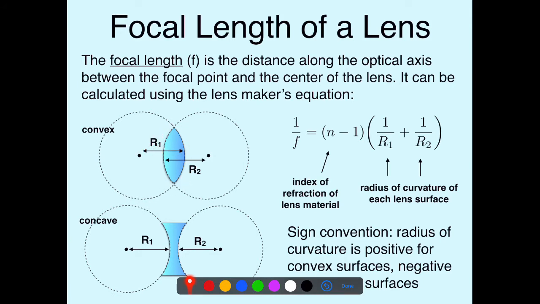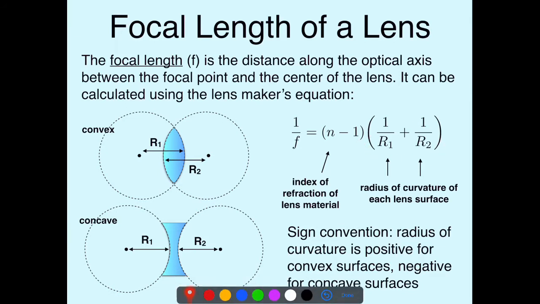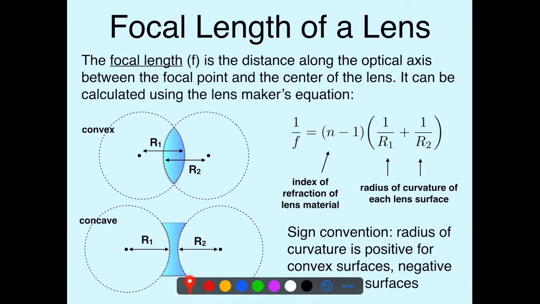That would be R1, the radius of curvature of that lens surface. And then R2 would be the radius of curvature of the other lens surface. That's what R1 and R2 in this equation represent. And the same thing would be true if we had a concave lens. Again, we have a concave surface here, another concave surface here. Each one of those has a radius of curvature.